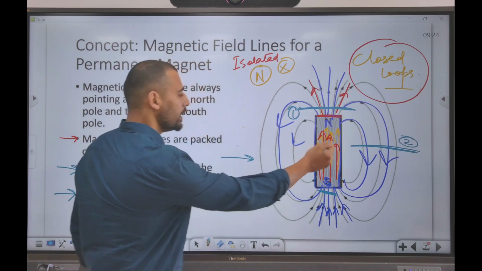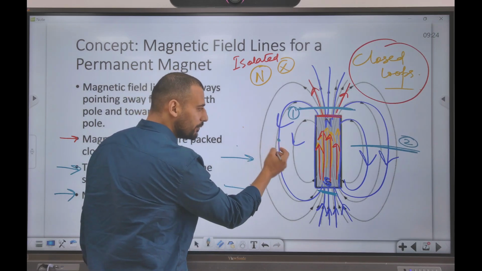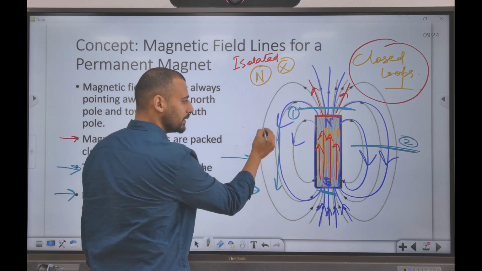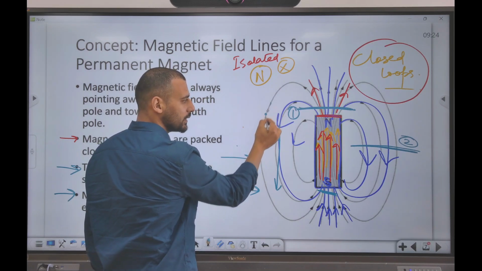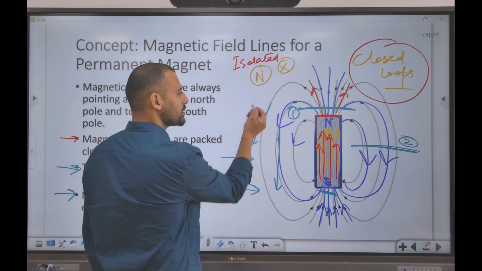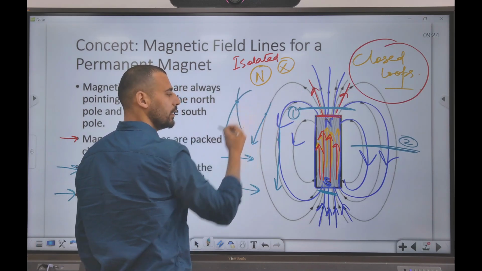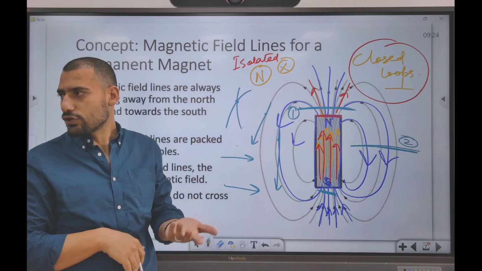So actually, if someone asks me the direction of the magnetic field here, the direction of the magnetic field at this point is the direction of the tangent. This is the direction, okay? But if the lines cross, say there is a point where the lines cross, and I ask you the direction of the magnetic field at this point, you again have to draw the tangent, right?